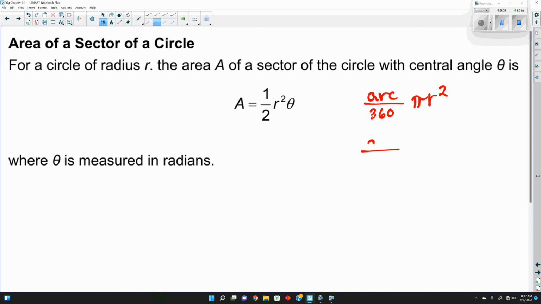But we also know that 360 is the same as 2 pi, yes? Because we're talking about radians. A full circle in radians is 2 pi.